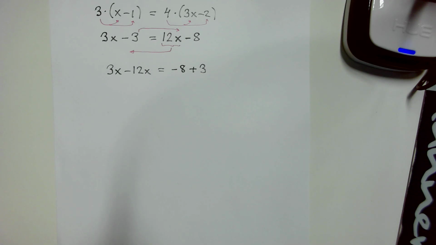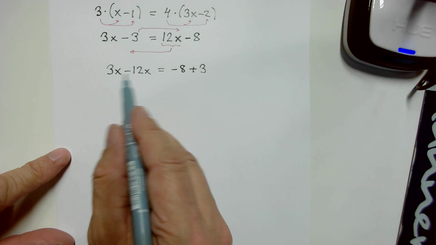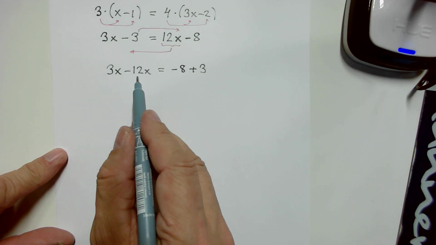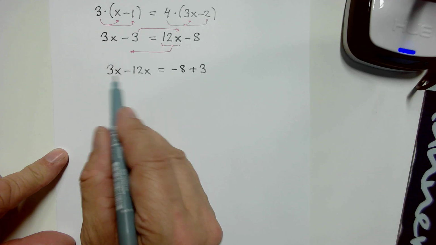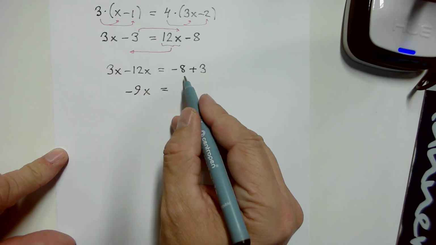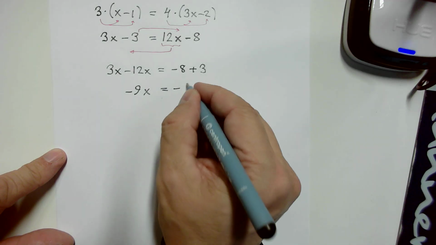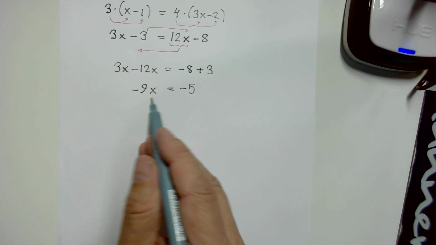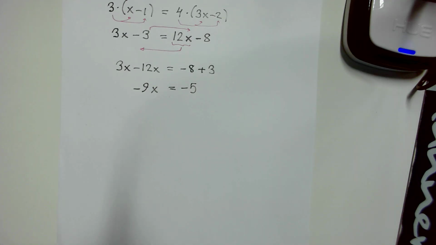As I said, in this situation we get a negative number in front of x, minus 9x, and here we get minus 5.